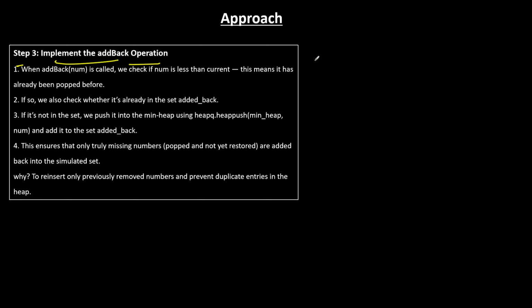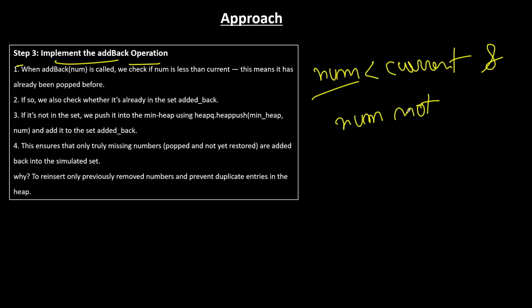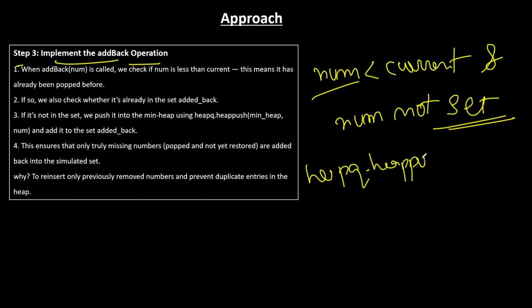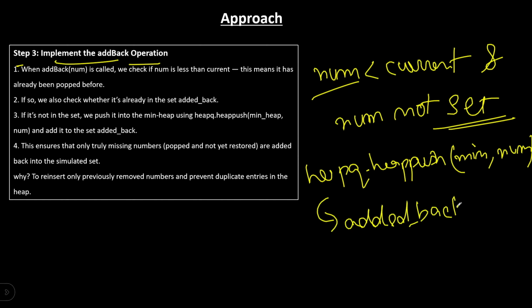We check if the number given to us to add back is smaller than the current variable, and if num is not in the set added back, only then do we push it into the main heap with heappush, and we also add it into the added back set.